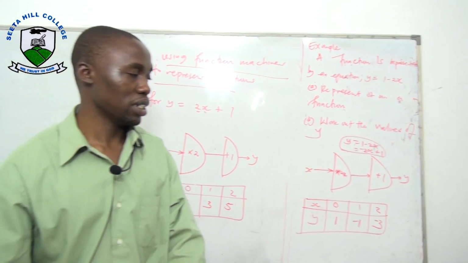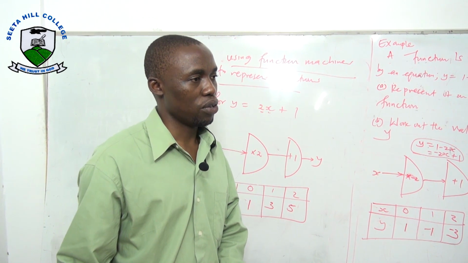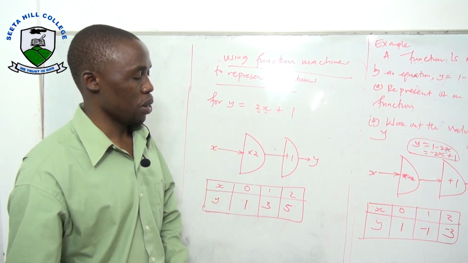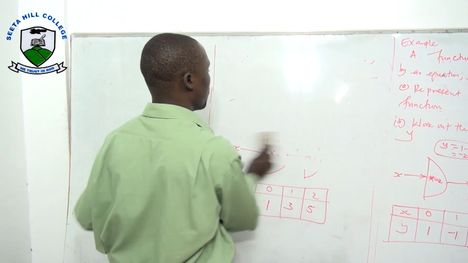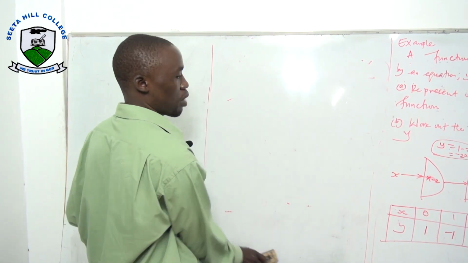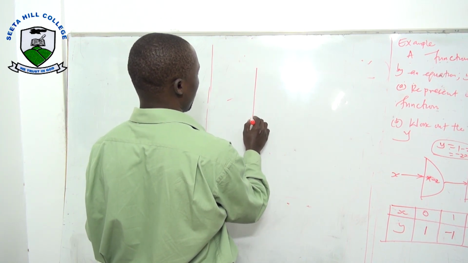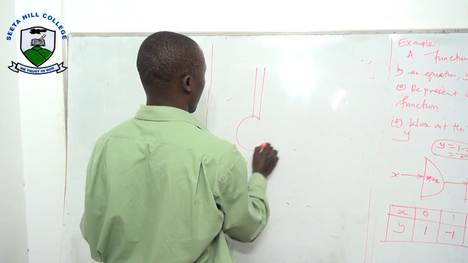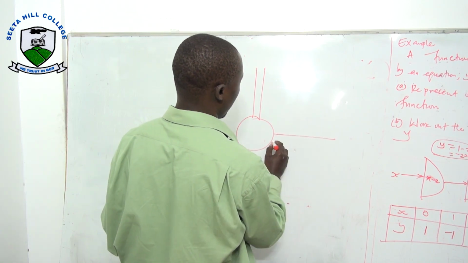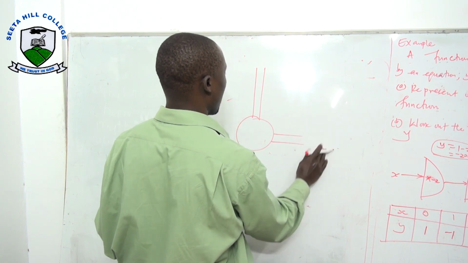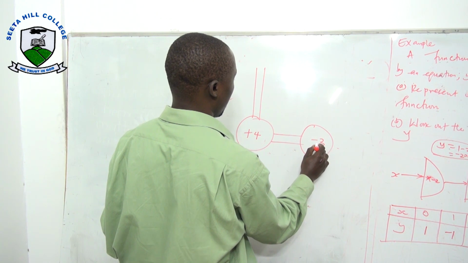Okay, now students, we cannot do beyond that, but as a closure, to just find out whether people have picked. In case you had given a function machine of this format, plus 4 minus 3.